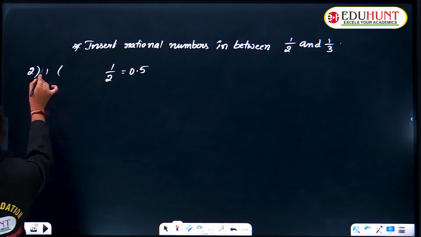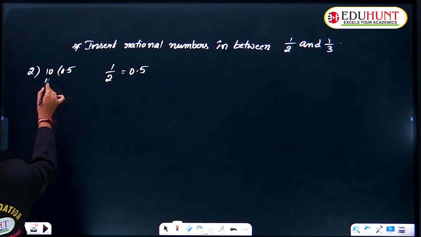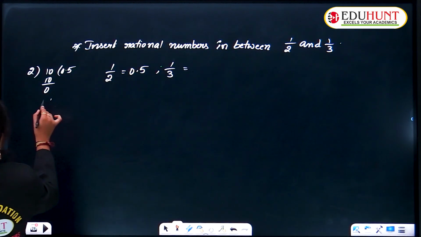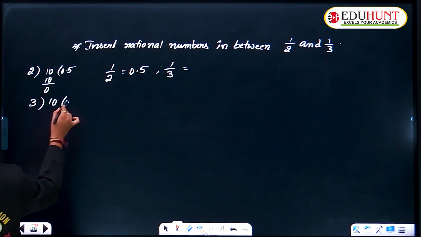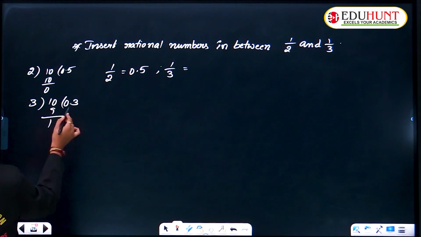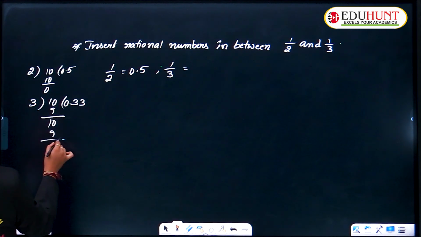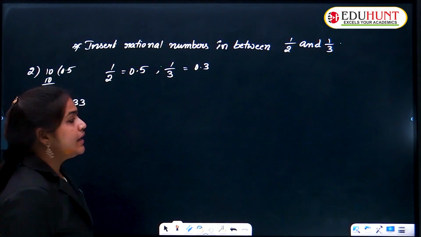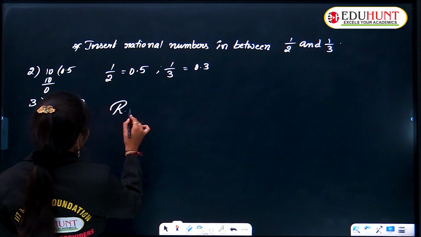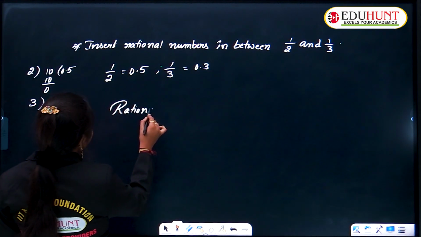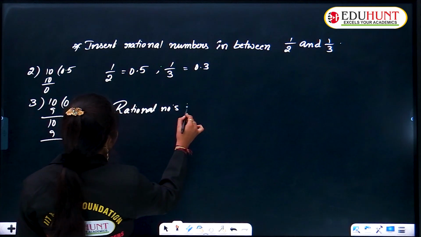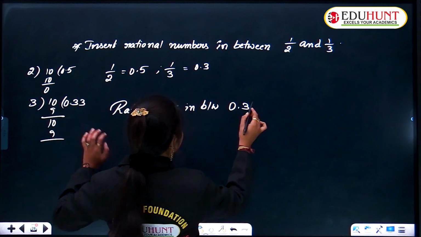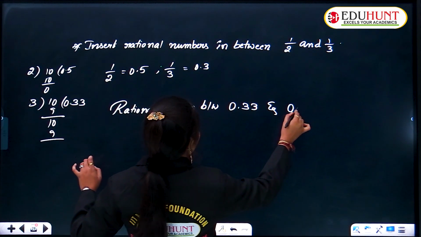1 divided by 2 is 0.5, and 1 by 3 is 1 divided by 3: 0.33, 3 3s are 9. Again 1, 0, 3 3s are 9. So this is in continuation, no? 0.3 with a bar. Okay. Now here, rational numbers in between 0.3 recurring and 0.5.